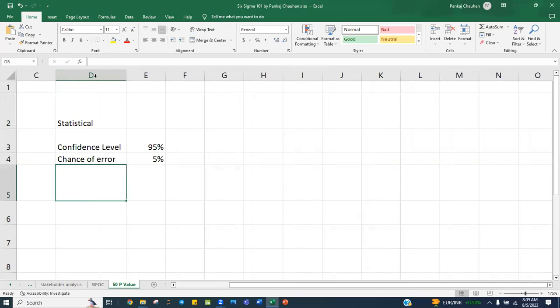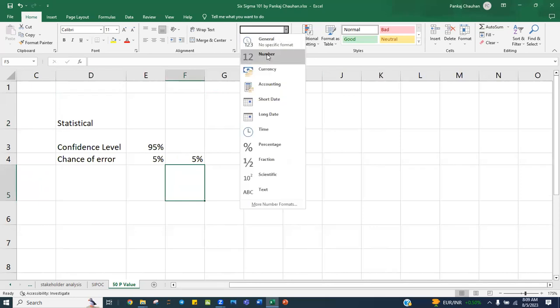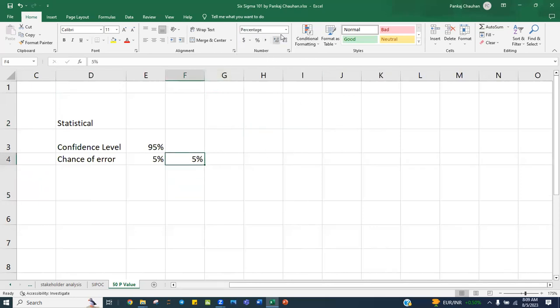If I convert this 5% into a simple number, that is 0.05. This is the level of significance. Generally, the level of significance we consider for the p-value is 0.05.